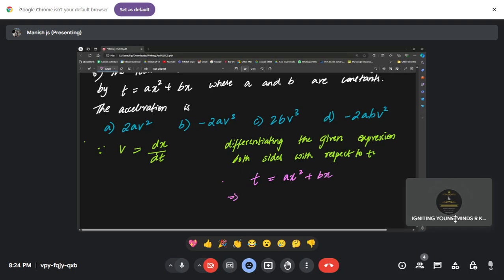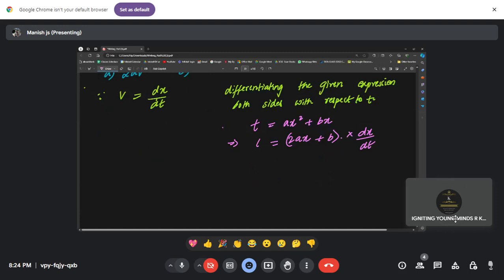This implies you will get 1 is equal to 2ax plus b, multiplied by dx upon dt, when differentiating with respect to t.